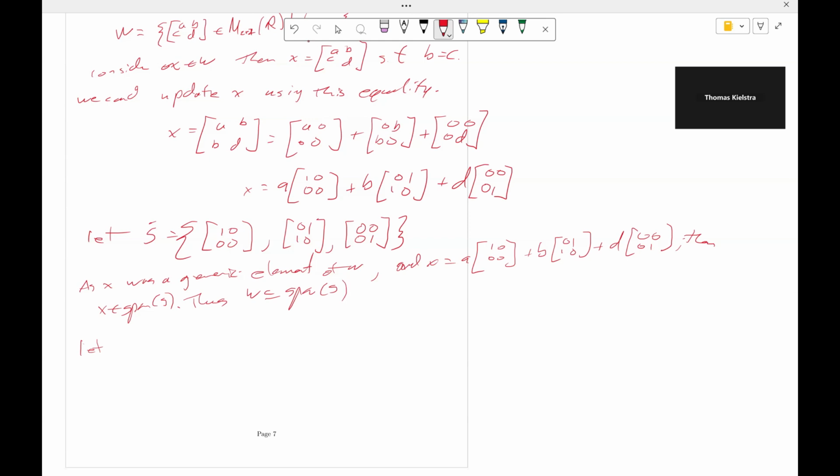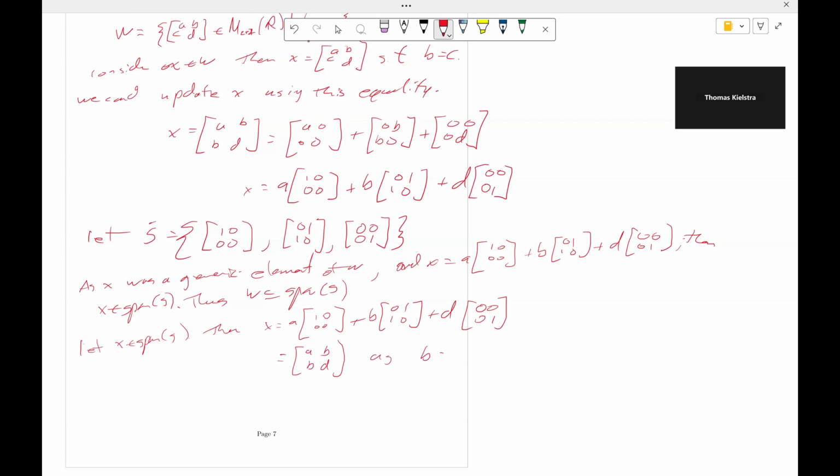Now we want to show the other subset. Let X be in the span S, then X equals A times [1, 0; 0, 0] plus B times [0, 1; 1, 0] plus D times [0, 0; 0, 1], which equals [A, B; B, D].